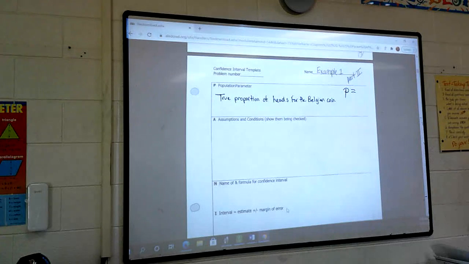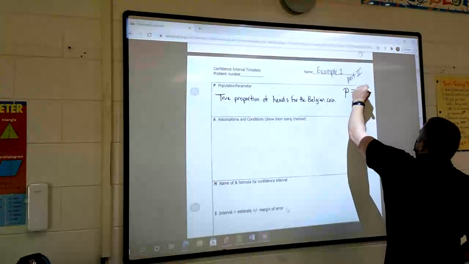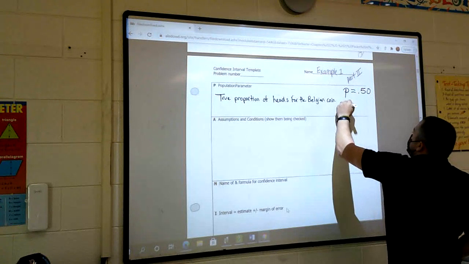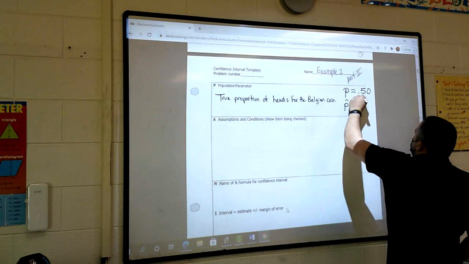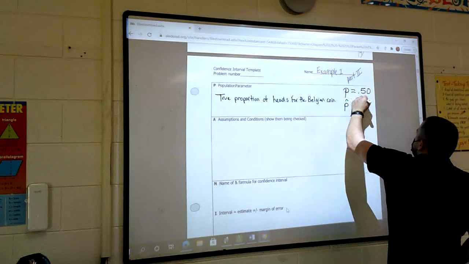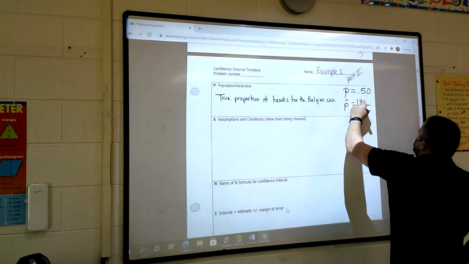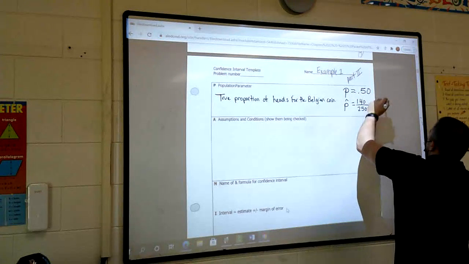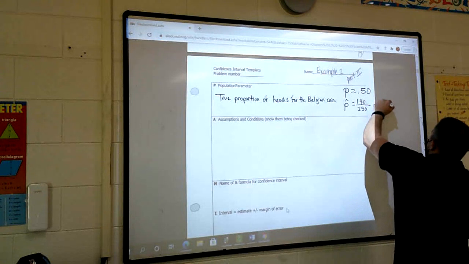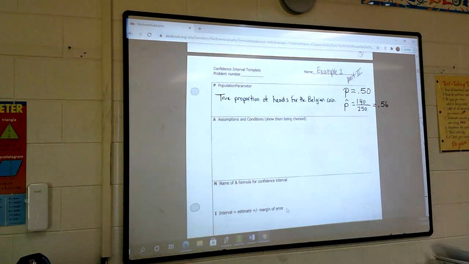The p would be like what we assume is true. We assume that it lands on heads how often? 50%, right? So 0.50. In our sample, we got it landed 140 out of 250, okay, which is 0.56. That's what we got in our sample.